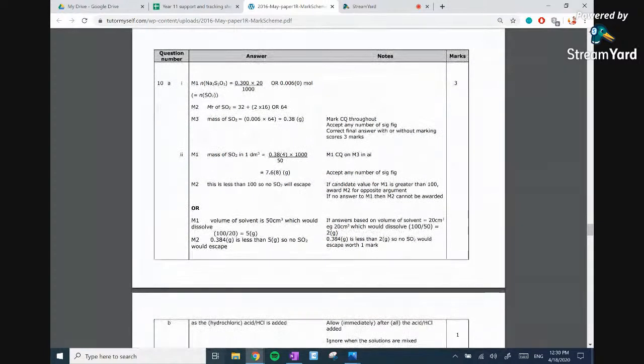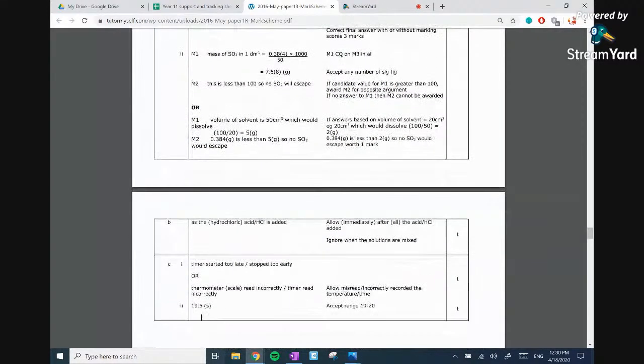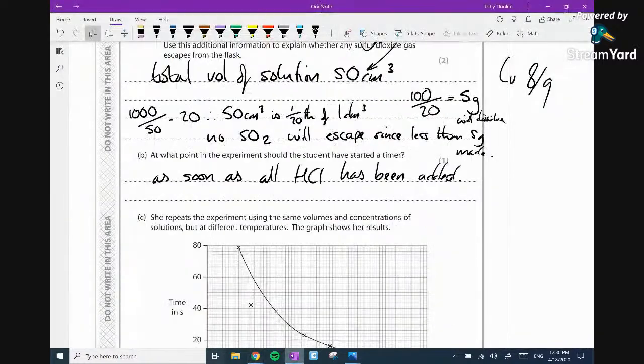Oh, there you go. Volume of the solvent is 50, which would dissolve 1/20th. 5 grams is less than, done. Okay, fab. So my method's accepted, but it was the one that they didn't really want. Isn't that fascinating? As the mark scheme says: allow immediately after all hydrochloric acid added, ignore when solutions are mixed. Too vague. Yeah.